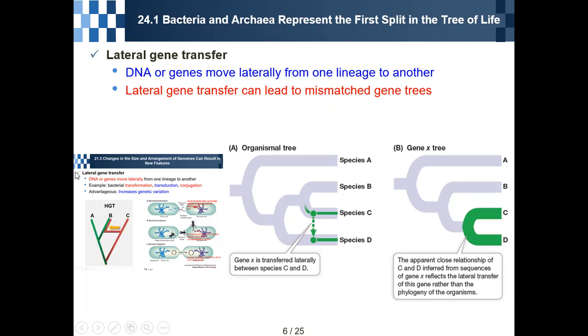In chapter 21, we already covered what lateral gene transfer is. We call this lateral gene transfer. Lateral gene transfer can lead to a mismatched gene tree. This is the original tree. However, when lateral gene transfer happens, it makes another gene tree. They are not the same. So, a mismatched gene tree. We will see some details.